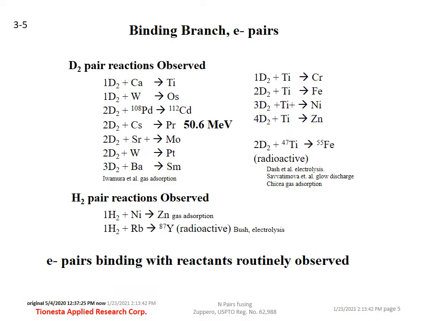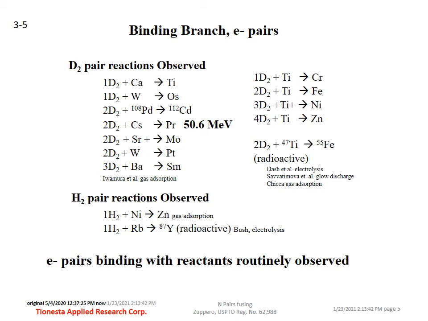So one can nearly always find the isotope resulting from binding n pairs to a reactant in any EDX spectrum of LENR products. Now notice the hydrogen pair reactants, not deuterium alone. One of the pairs produced yttrium-87, radioactive.